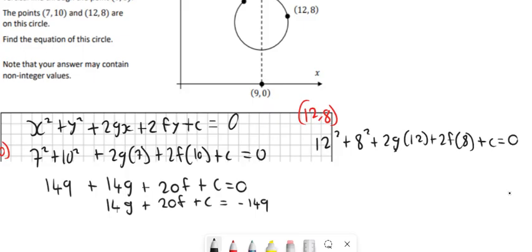If we do 12 squared, it gives us 144. If we do 8 squared, it gives us 64. If I add them two together, it gives me 208 plus 24g plus 16f plus c is equal to 0. And I'll just bring the 208 to the other side again.